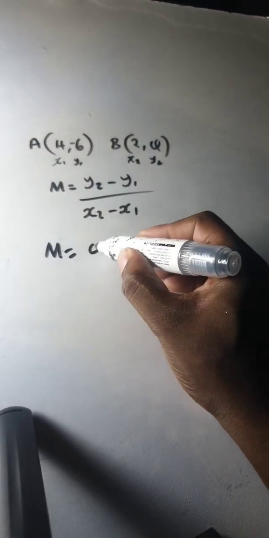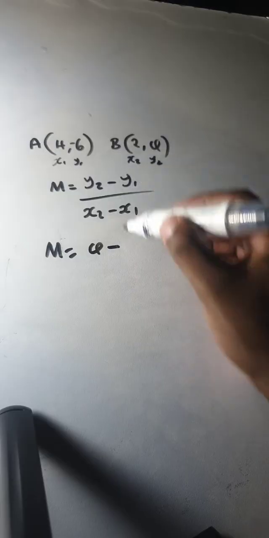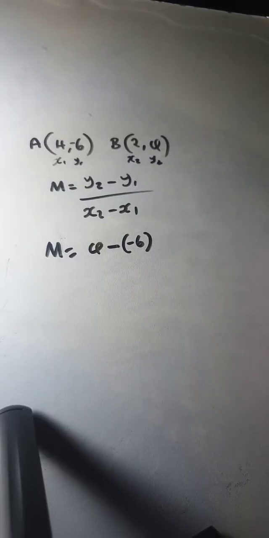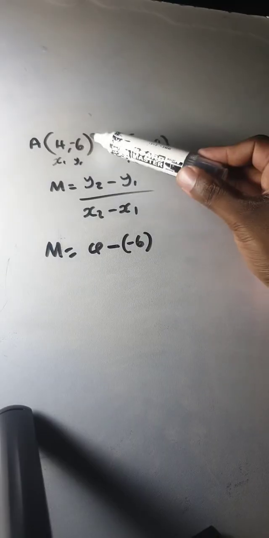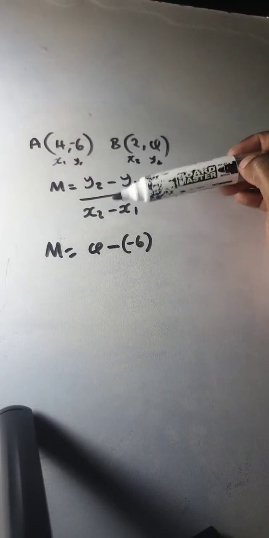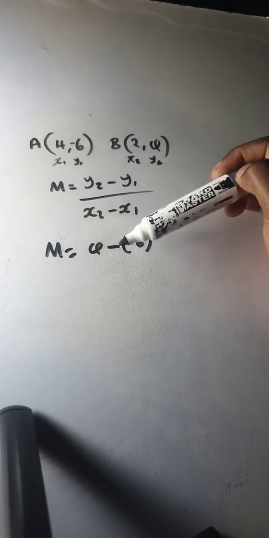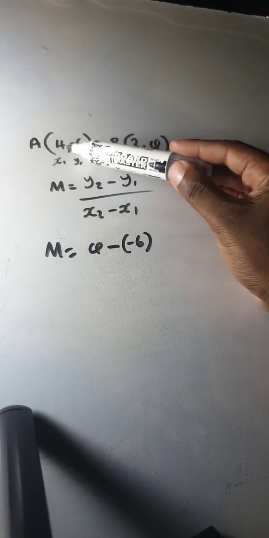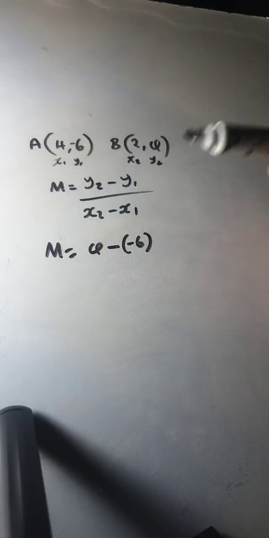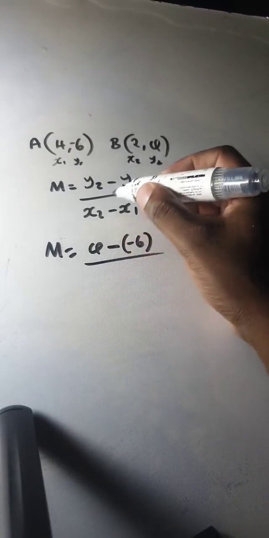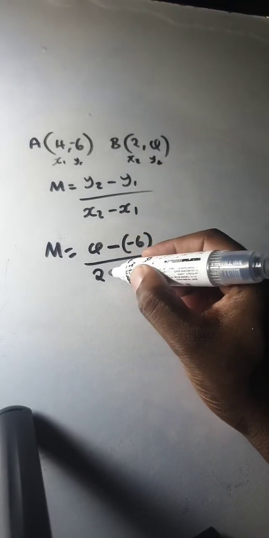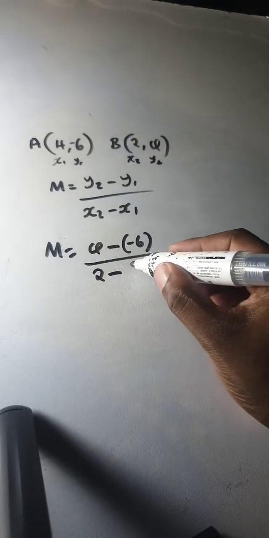So our y2 is 4 minus y1 is -6. Have you noticed how I didn't just write -4 minus 6? This minus is that, and the one that comes with the 6, which is -6, is that. Over x2, it is 2, minus x1 is 4.